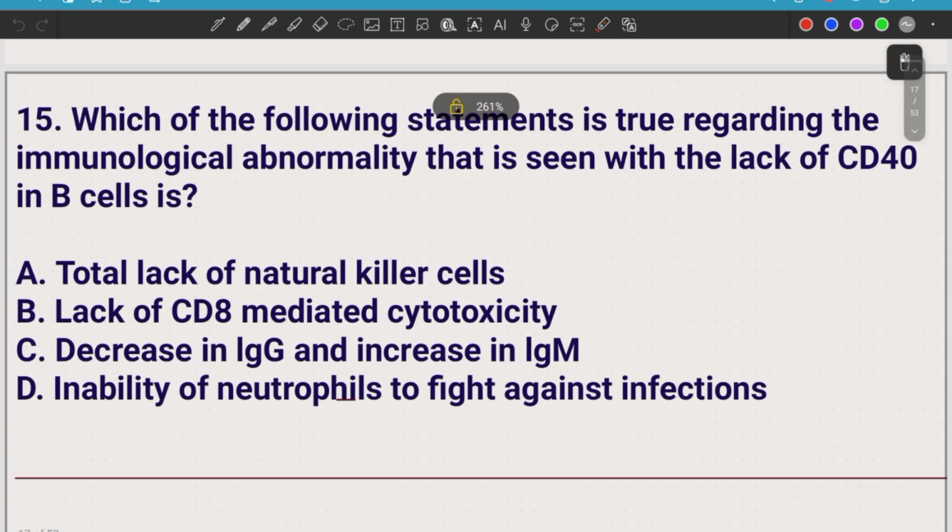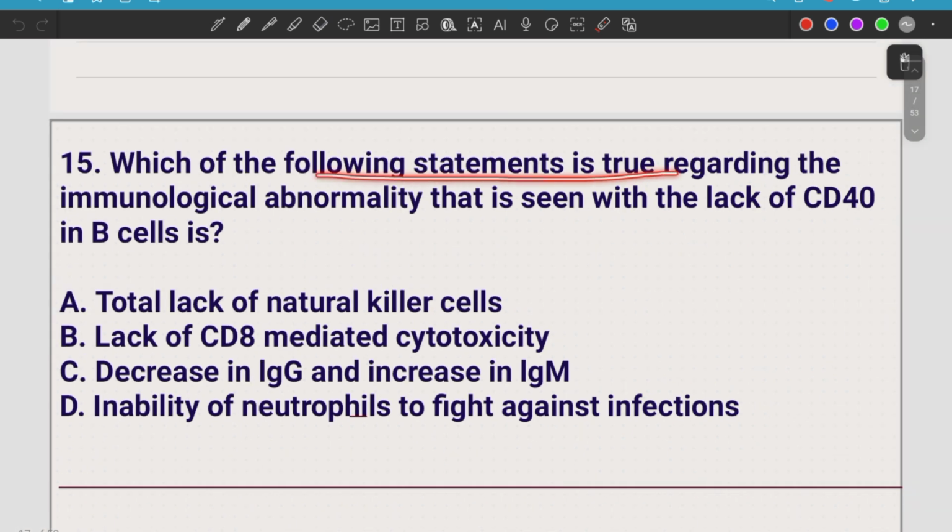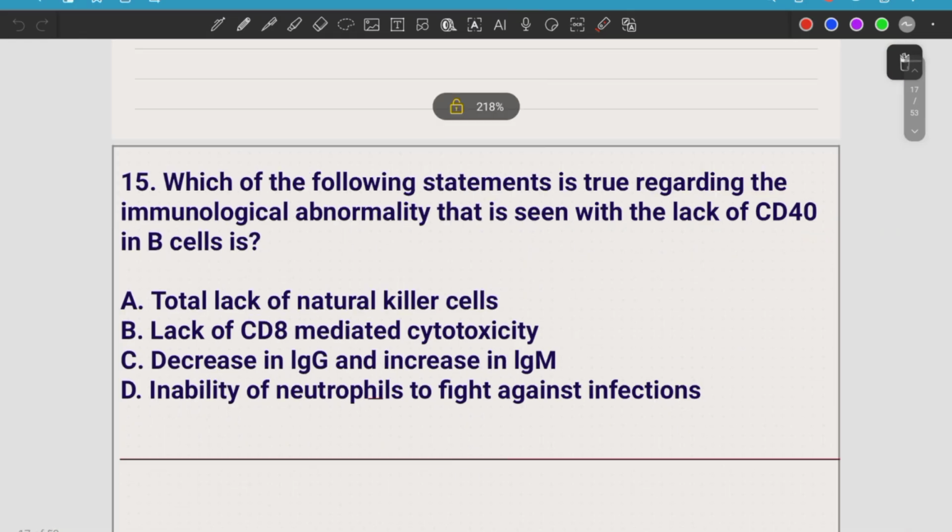Coming to the 15th one: which of the following statements is true regarding the immunological abnormality that is seen with lack of CD40 in B cell? What is the immunological abnormality seen when CD40 is lacking in the B cell?